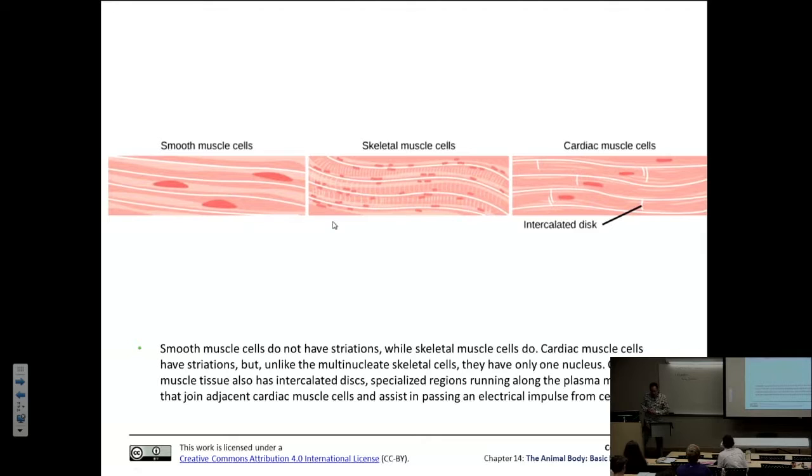Okay. And so this brings us to the last category of tissue types, and that is muscle tissues.